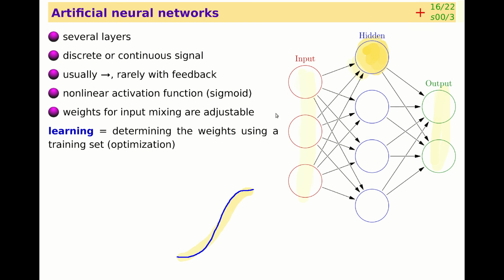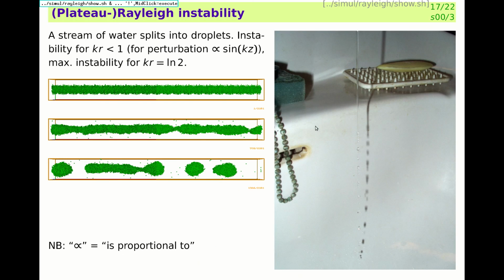Okay, so this is a detour to some more optimization, and now let's continue with examples of simulations. Perhaps you have noticed that if you have a stream of water coming out of a tap, it breaks after some time into droplets. That's because this stream becomes unstable if it is thin enough.